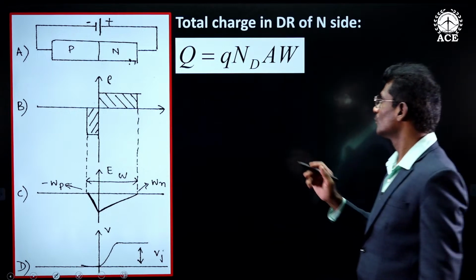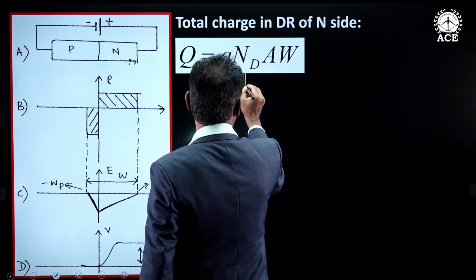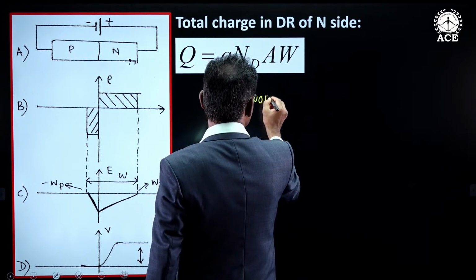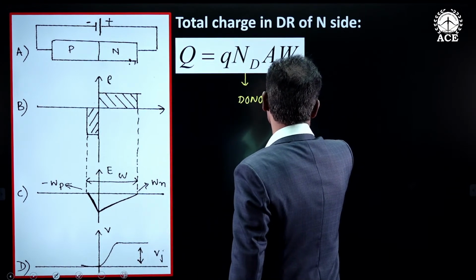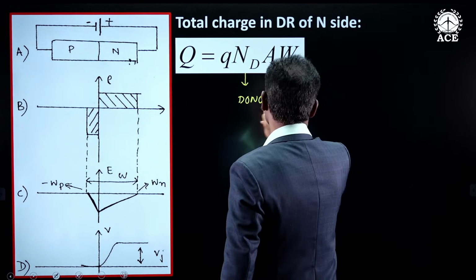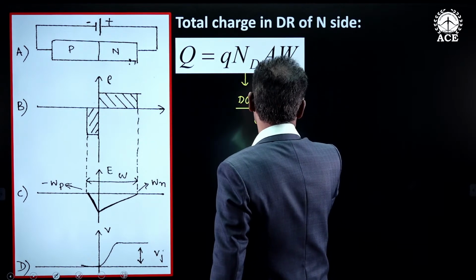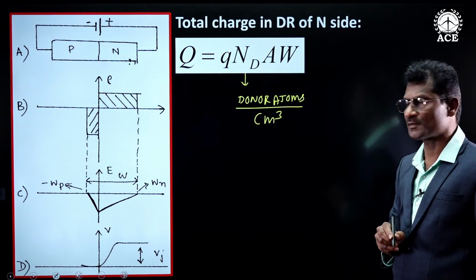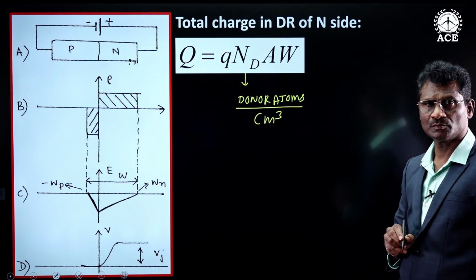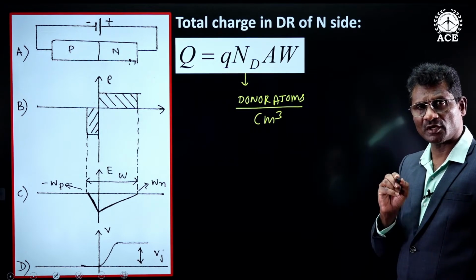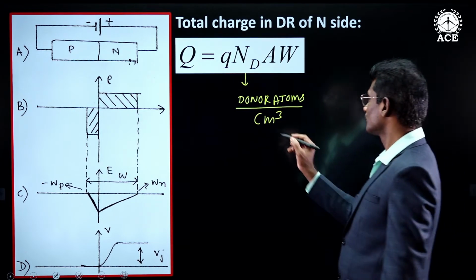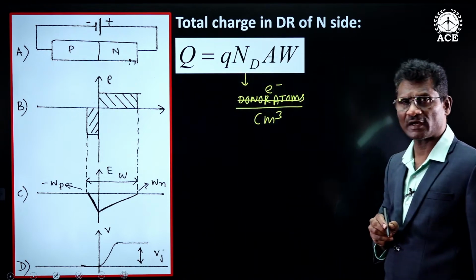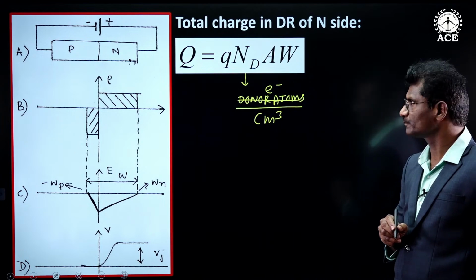The unit for Nd is number of donor atoms per centimeter cube. Each donor atom can give one excess electron. So this can be modified as number of electrons per centimeter cube.